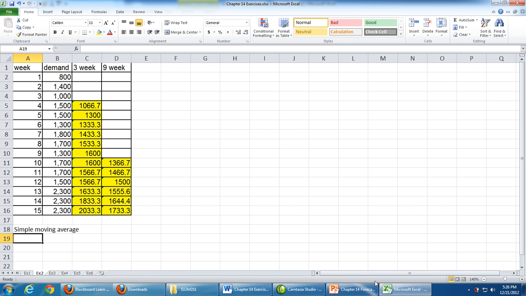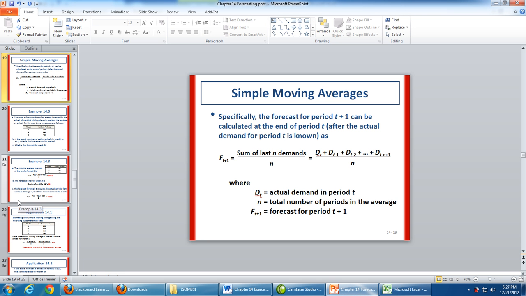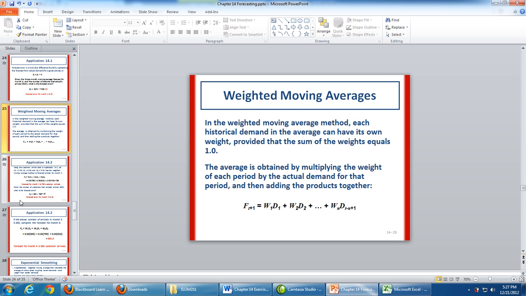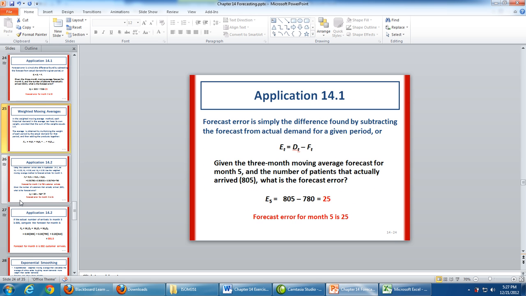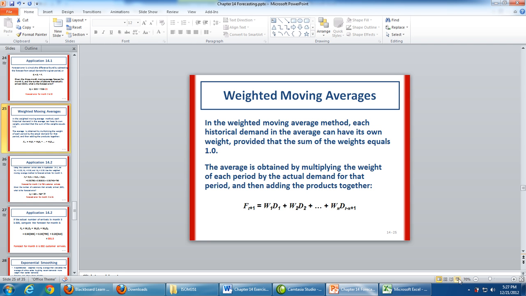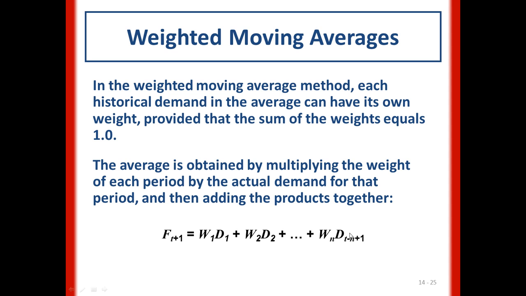Okay, next we are going to find a weighted moving average. Students also have more examples on the slide to review. Weighted moving average is different from simple moving average.